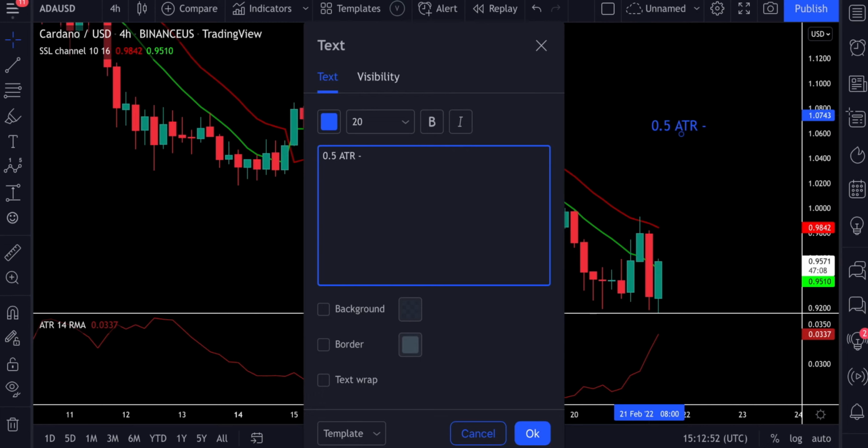Our ATR is at, let's say, 25, so 0.5 of that is going to be 0.013. 1.5 ATR, which is our stop loss, is at 0.037, just like we said. Now we need to know the 2 ATR value. If the ATR is 25, 2 ATR is going to be 50, so 0.050.